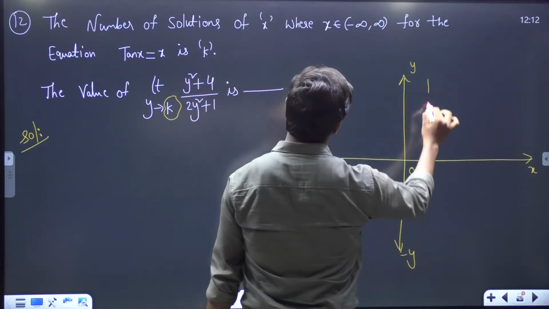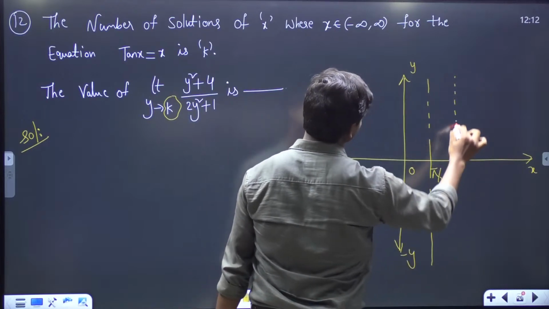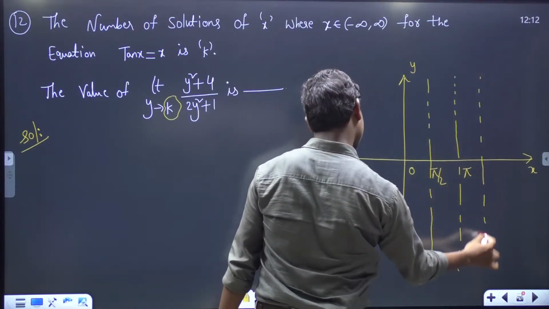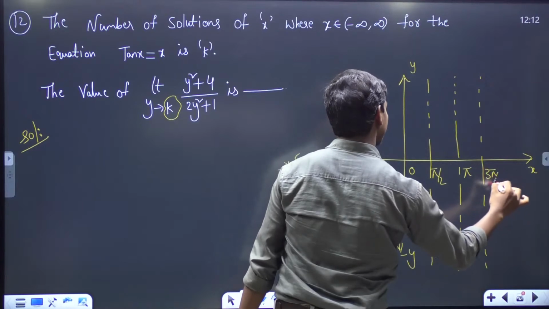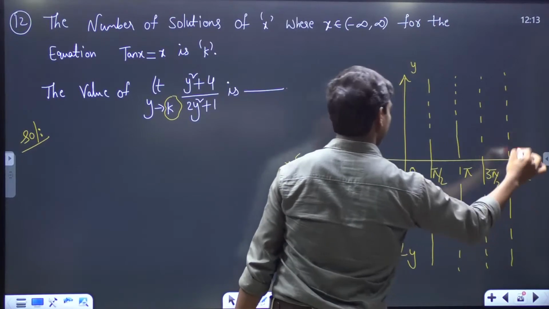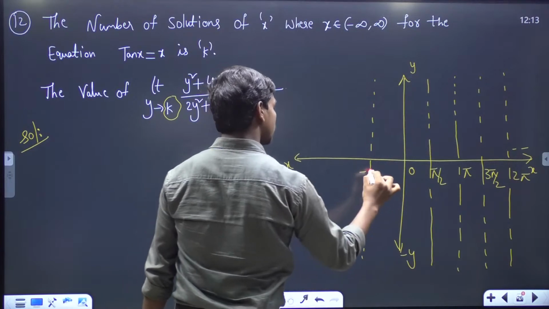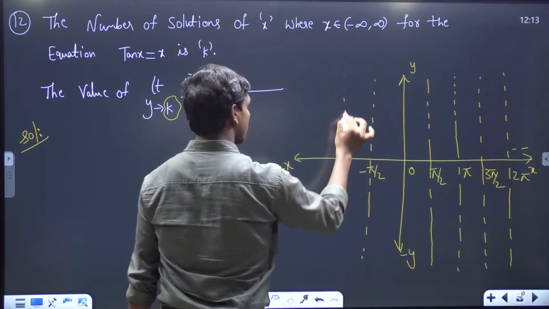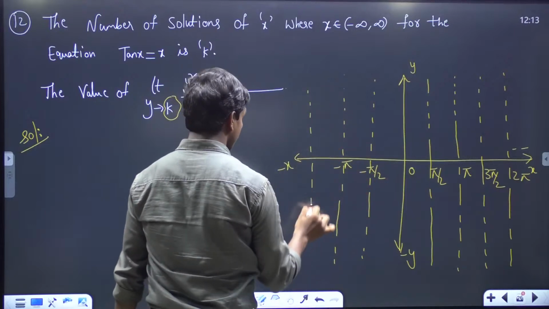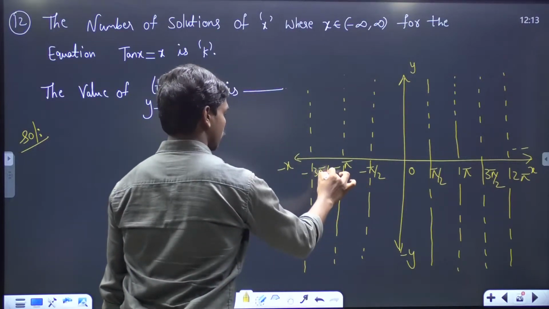To plot the tan x graph, if this is x is equal to pi by 2, pi, 3 pi by 2, 2 pi, and it can extend like this. Similarly, we have minus pi by 2, minus pi, minus 3 pi by 2 and so on. Correct?